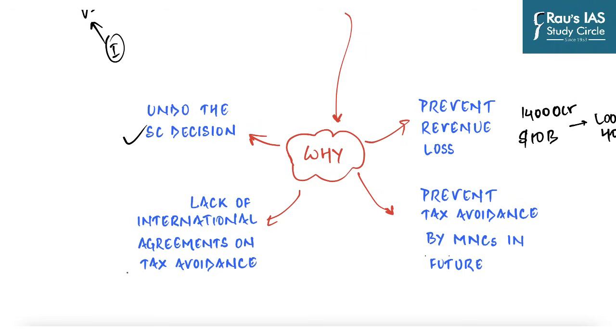Then the government brought this amendment because there was a lack of international agreement on tax avoidance. We know at present, the OECD base erosion and profit shifting project is working on two pillars to deal with tax avoidance by the MNCs. Pillar 1 would ensure that a certain amount of profit of MNCs would be shared between countries where the MNC has significant economic presence.